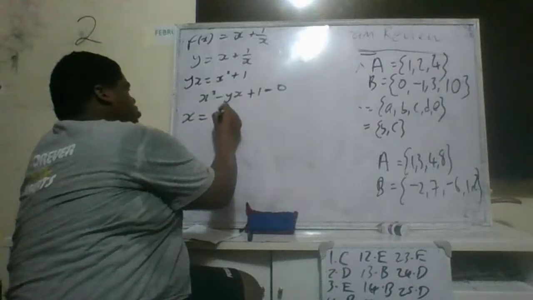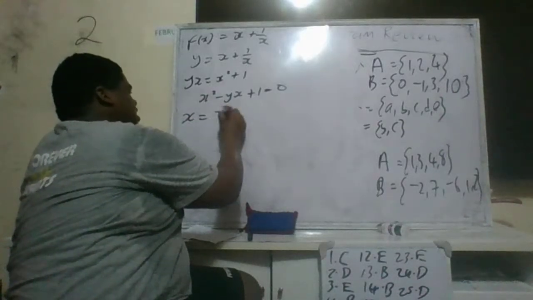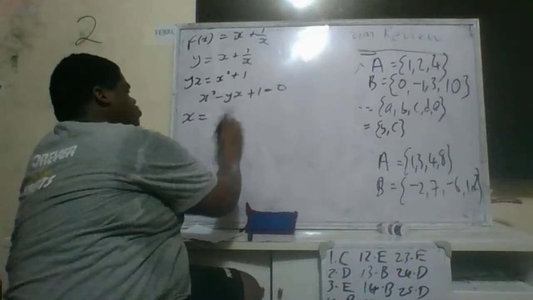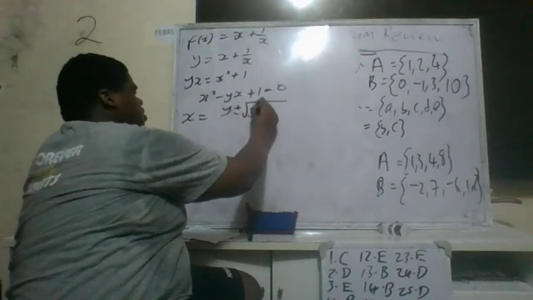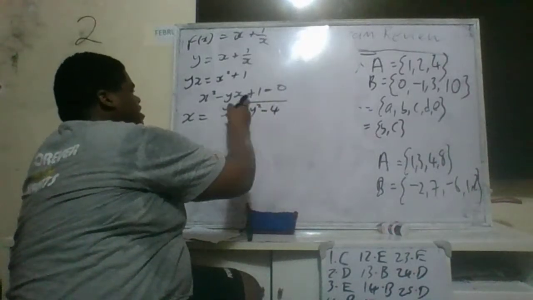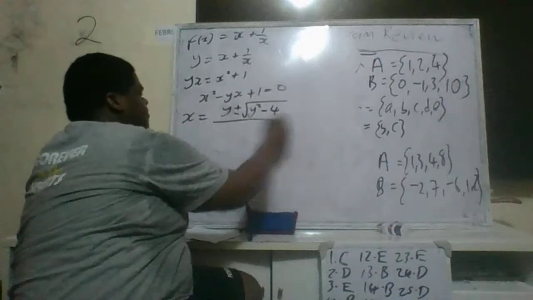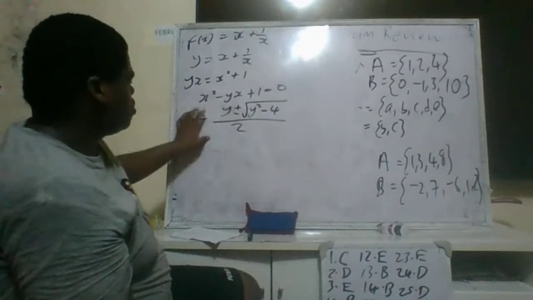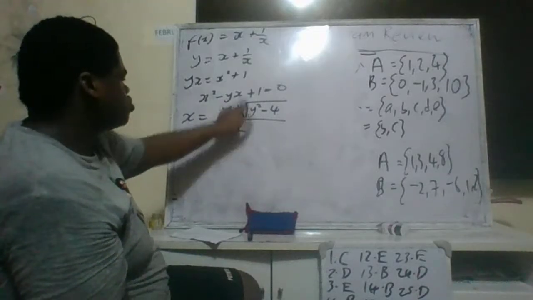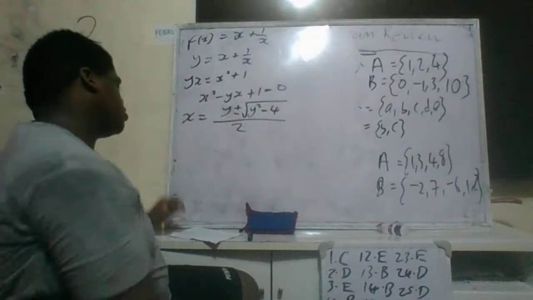Now the value for x is equal to negative b, that is negative times negative y, which is positive y, plus or minus the square root of b squared, that is y squared, minus 4ac. 4 times 1 times 1 is 4. Divided by 2a, divided by 2. So x is going to equal y plus or minus the square root of y squared minus 4, divided by 2.